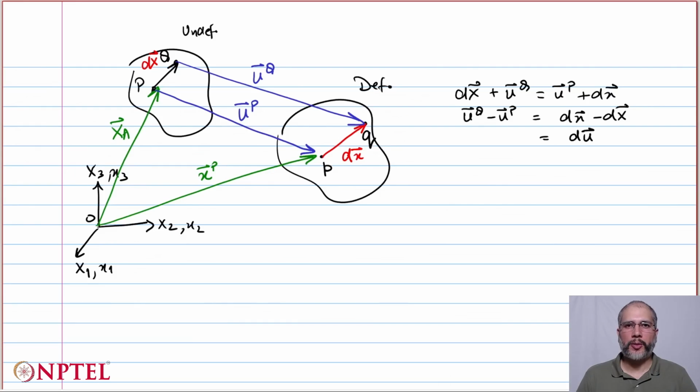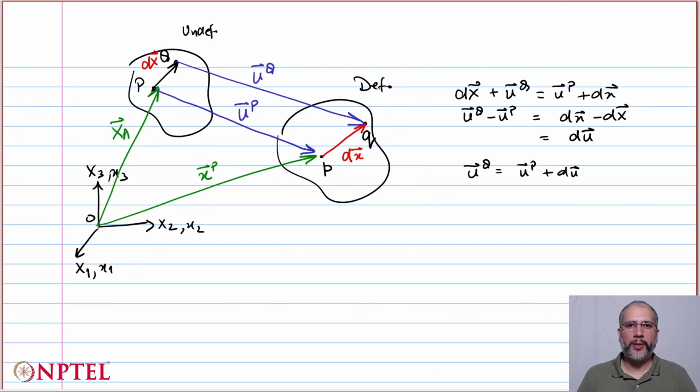And that makes sense because particle P gets displaced with a displacement of u^P, and particle Q, which is around the particle P, gets displaced by a displacement which is infinitesimally more than the displacement of particle P. So that is, u of Q is u of P plus some du.